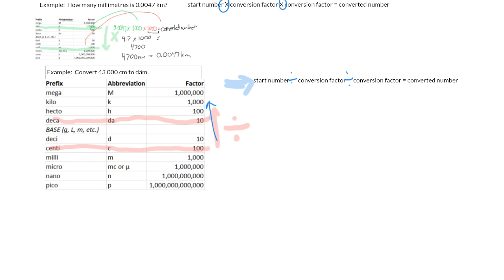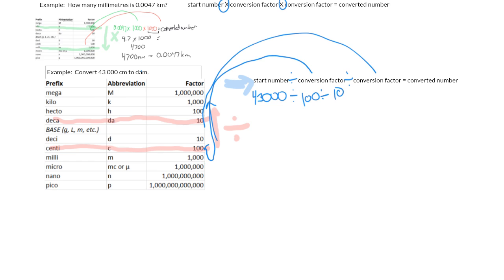Now we just plug in our numbers. 43,000 to start, divided by a conversion factor of 100, because that 100 just comes from this conversion factor here, and divided by a conversion factor of 10. Again, that conversion factor just comes from there. Since those are the two conversions that we're concerned with. 43,000 divided by 100 is 430.